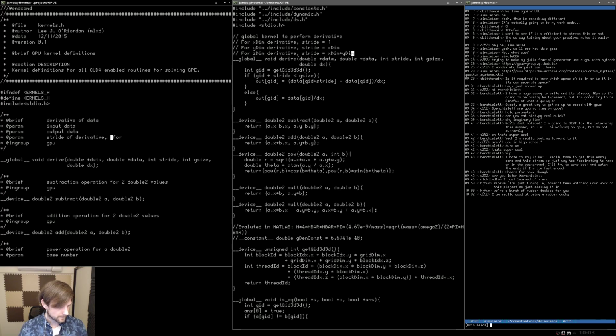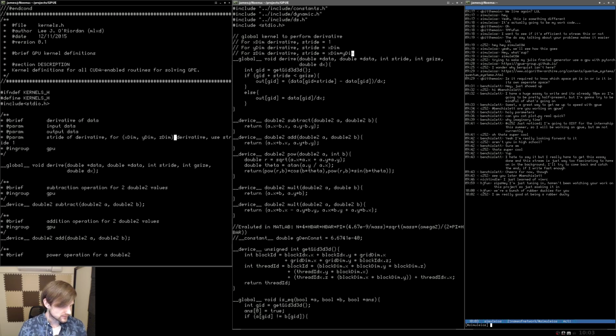For xdim derivative use stride 1. Let's try this. Xdim, it's going to be pain, isn't it? Ydim, zdim, derivative use stride 1. Xdim, xdim times ydim. Okay, I'm just going to format this a bit.